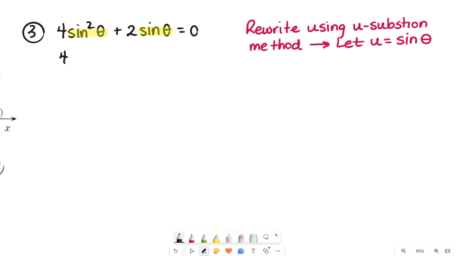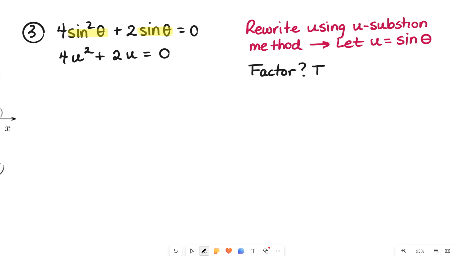So instead of 4 sine squared theta, you would write it as 4u squared. 2 sine theta is rewritten as 2 times u. And you set it equal to 0. So it looks like a basic algebraic equation. When you are solving equations that are squared, as in 4u squared, the first line of approach always is to try out if you can factor, okay?